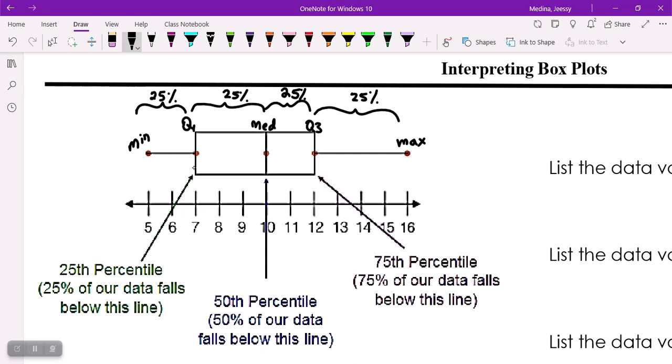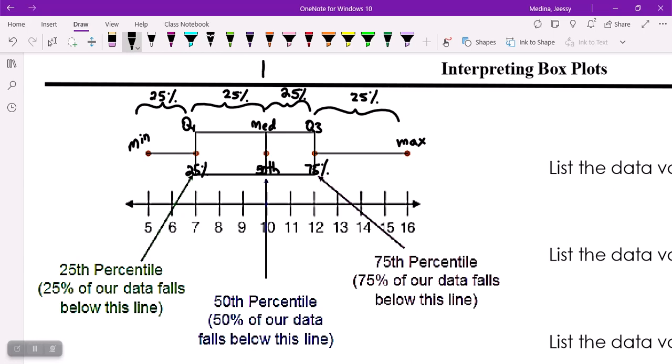So this right here is considered the 25th percentile. This one is considered the 50th percentile, and this one is the 75th percentile. Why? Because at this point, how much data is below you? 25.